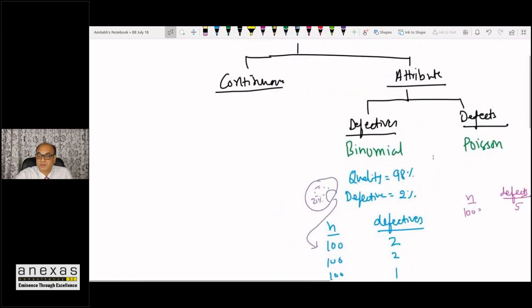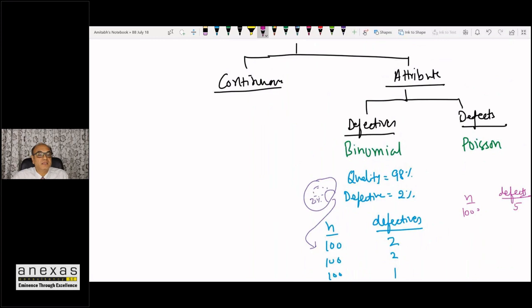Now coming back to our continuous data. In case your data is continuous, first check for outliers. If outliers are there and removing them makes the data normal, fine.